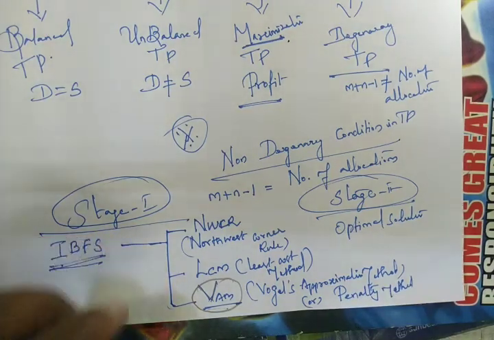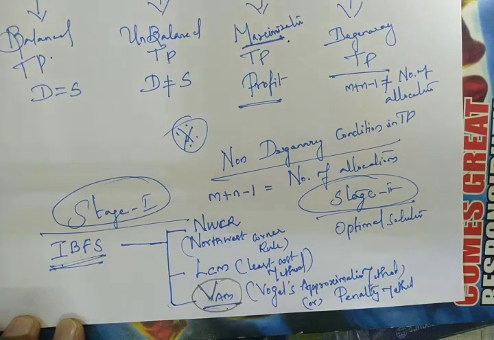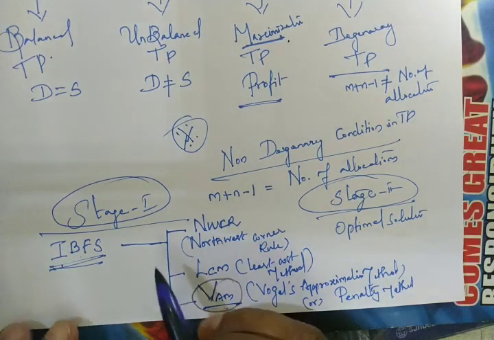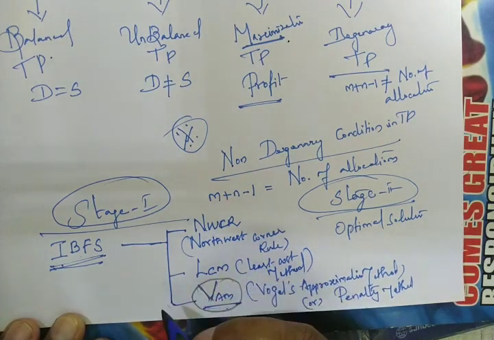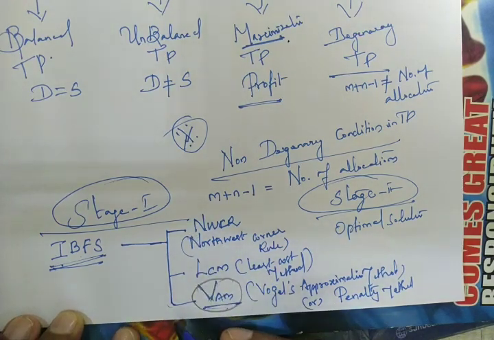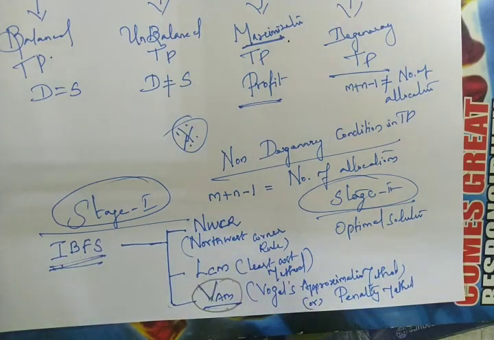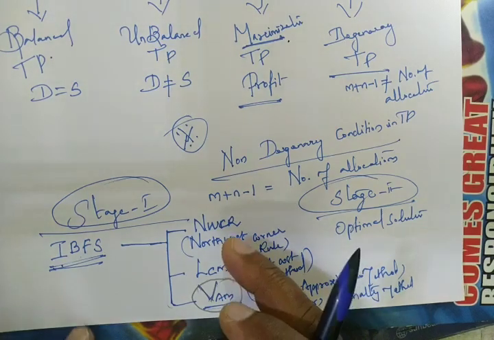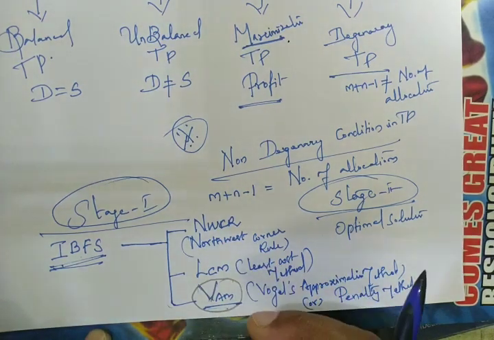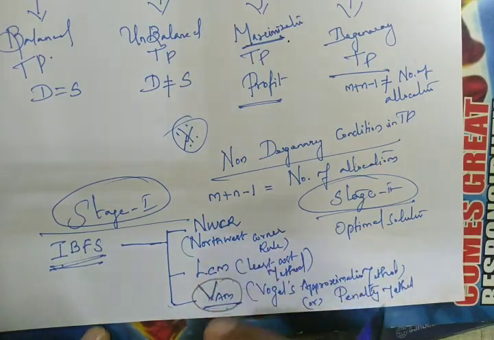Now I will explain these three with one example. You may have another doubt: if I solve one problem by the three methods, will they give the same answer? No, these three methods will give three different answers. So I will take one problem and explain it by all three methods. Then you will come to know which is the best among them by seeing the result.